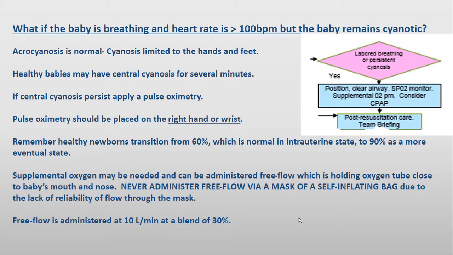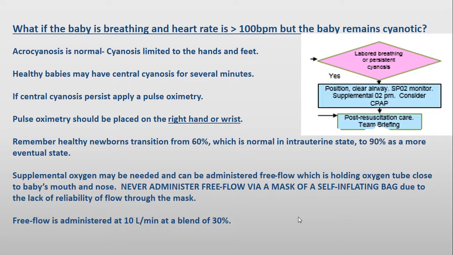So if the baby is having some labored breathing, grunting, retracting, or particularly persistent hypoxemia or persistent central cyanosis, we can start off with, of course, positioning the airway and clearing the airway and making sure that we have an SpO2 monitor on and administering supplemental oxygen. Now, the supplemental oxygen, the percentage level, we want to start with 10 liters per minute at a blended percentage of 30%.